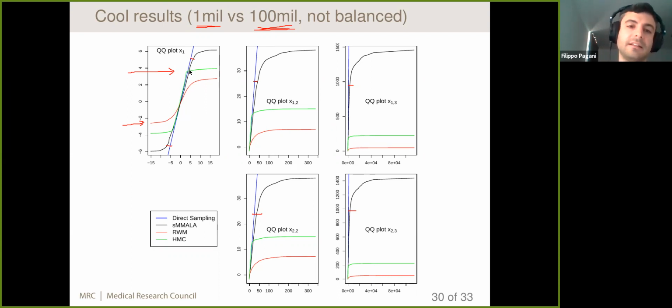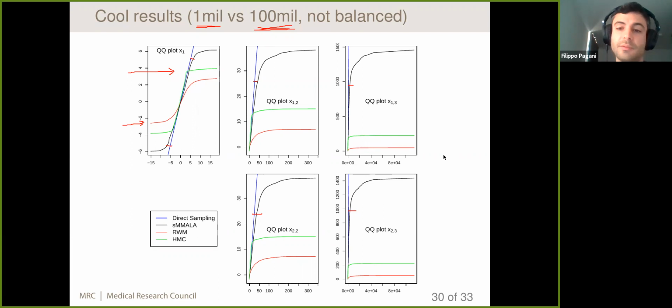You don't really get near the 95% confidence interval mark of the distribution. You basically never get into the tails and you never explore them. So the tail uncertainty will never be represented, not even vaguely properly here. And this is just for the first component. Similar stories happen for the other components.